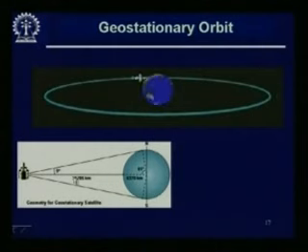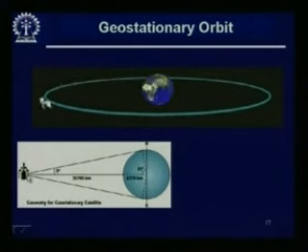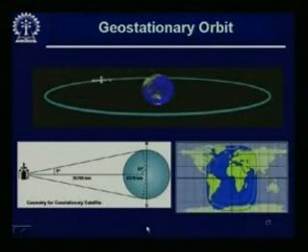This is the exact distance at which, if you put a satellite with a particular angular velocity, the same angular velocity as that of the earth, then for the people directly under it, it will appear as if the satellite is stationary. So this is the good thing about the geostationary satellite, and this is why this distance is so fixed.